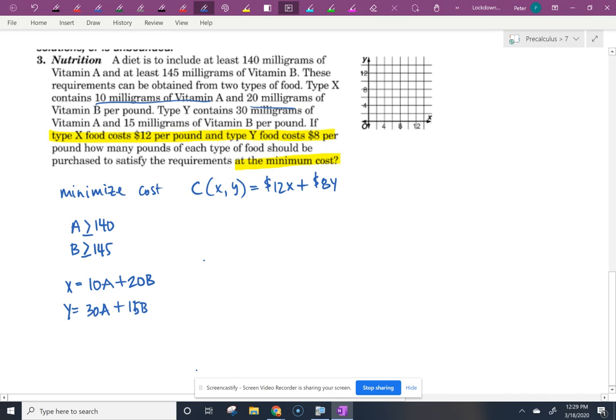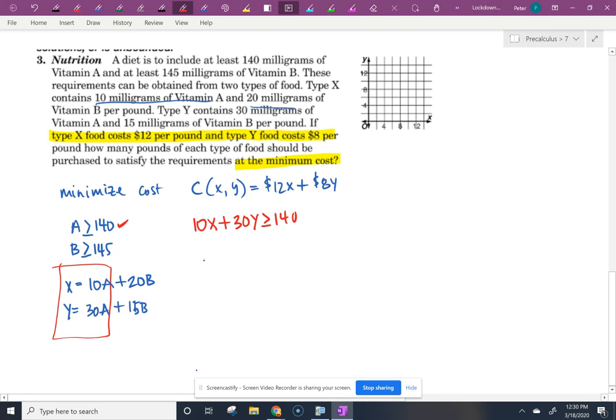All right. Now it looks like a mess, and I'm trying to think of what my constraints are. Going back to the beginning, we said A has to be at least 140. Here are the two combinations that would get you vitamin A. If you take 10 milligrams from product X and 30 milligrams from product Y, that needs to be greater than or equal to 140.